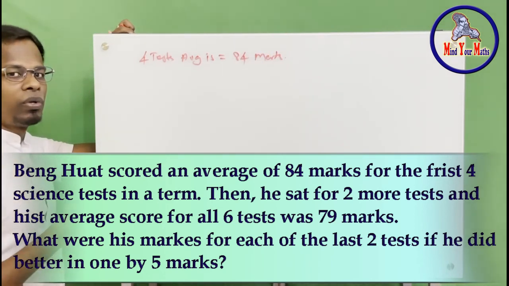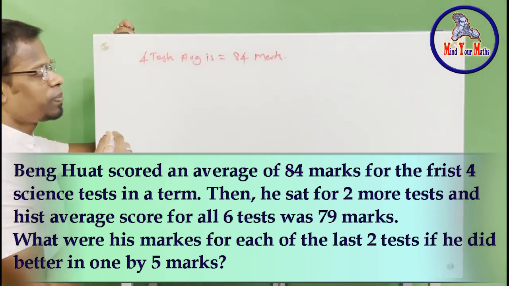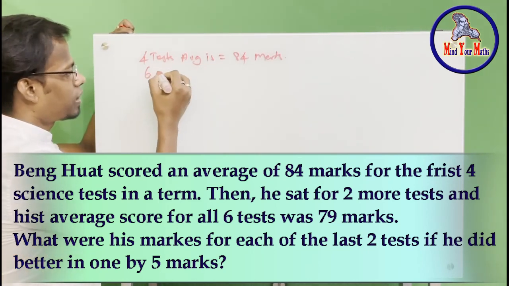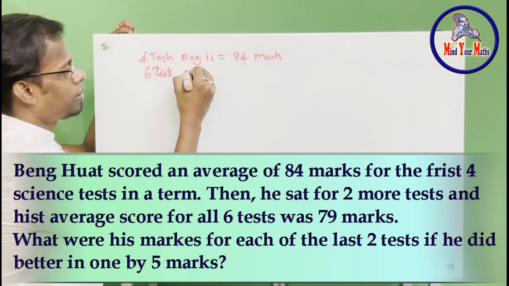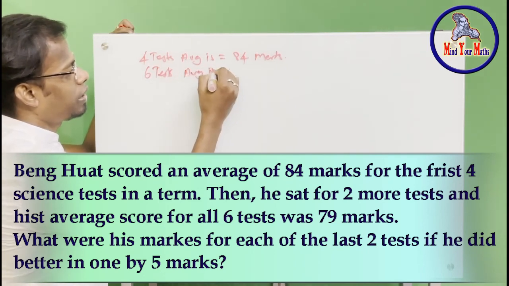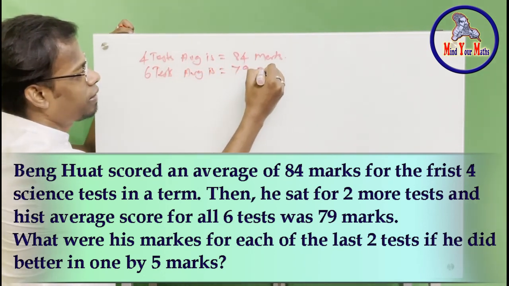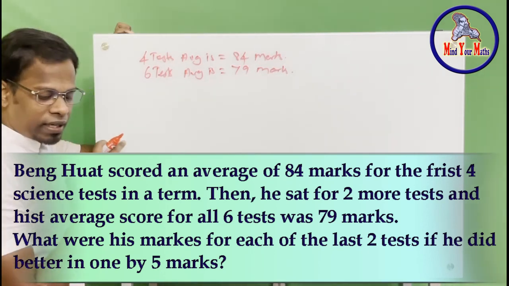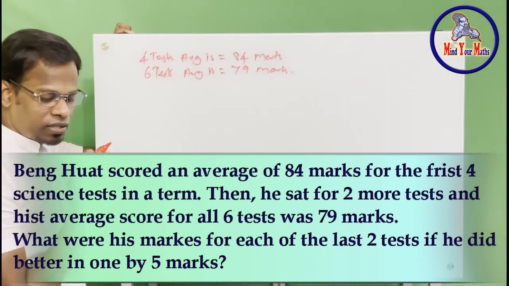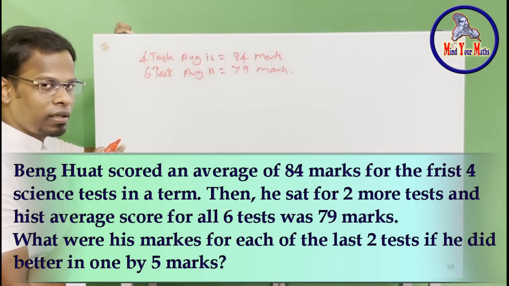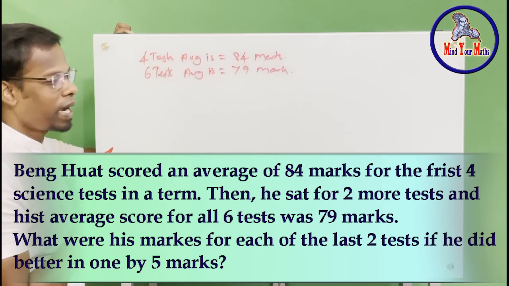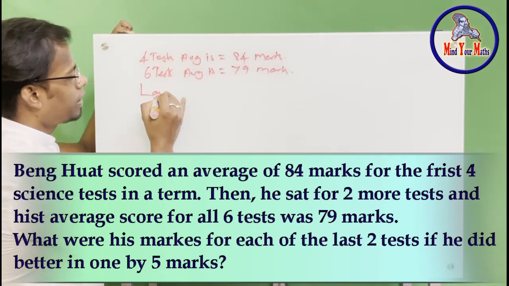And then he wrote 2 more tests, which means the total number of tests becomes 6. For the 6 tests, the average is 79 marks. And the question is, what were his marks for each of the last 2 tests if in one test he gained 5 marks more than the other one? So, the last 2 tests.